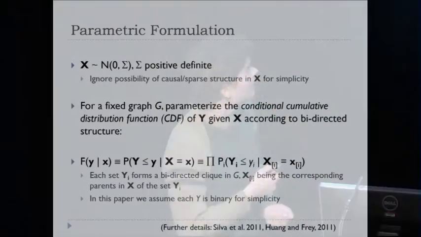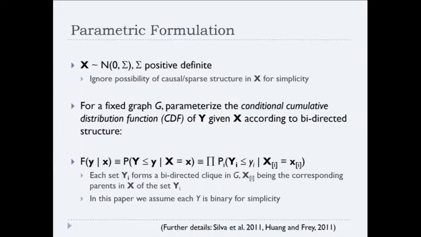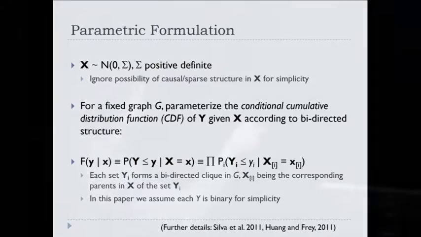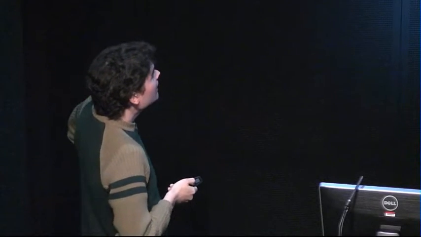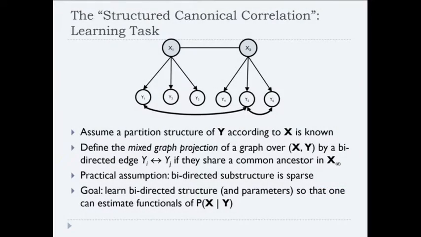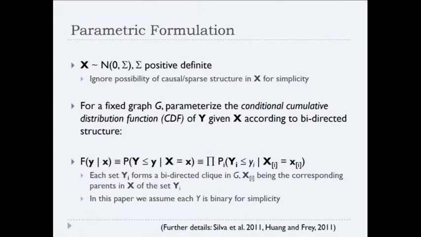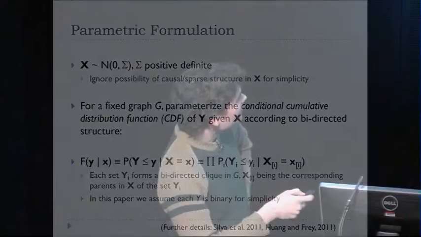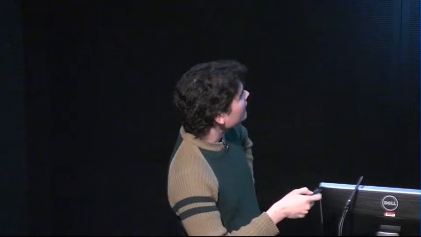To make things more concrete, let's again define a parametric form. Again, I'm using multivariate probability models, but with a slightly different parameterization for the conditional distribution of these observations given the traits of interest. Instead of a standard parameterization, I want to use models that were designed originally by Jin Huang and Brendan Frey.